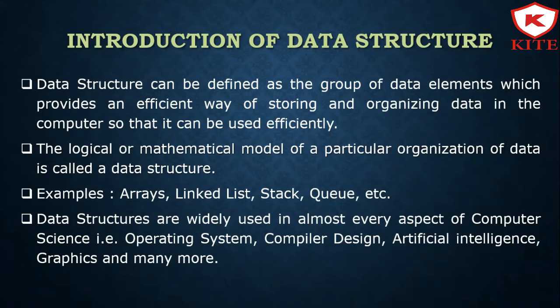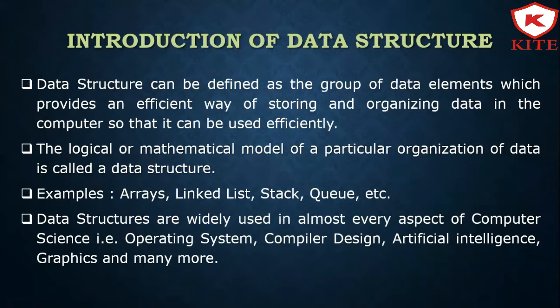Data structure can be defined as the group of the data elements which provide an efficient way of storing and organizing data in the computer so that it can be used efficiently. In computer science, a data structure is a data organization, management, and storage format that enables efficient access and modification.